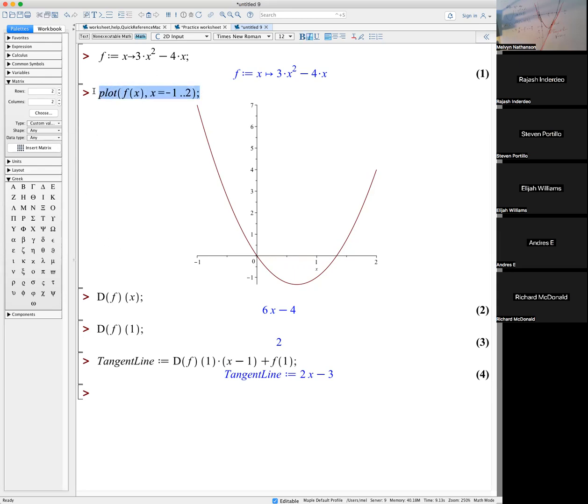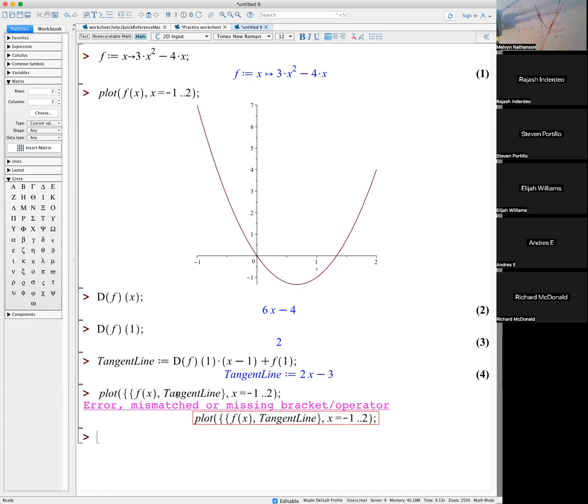So now let me plot two things together. Let me plot f of x, comma, tangent line.